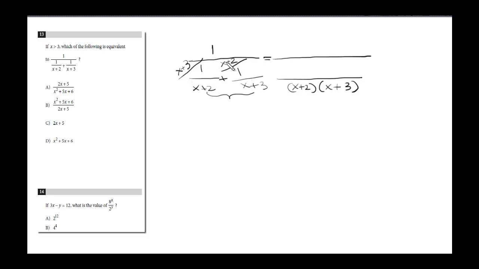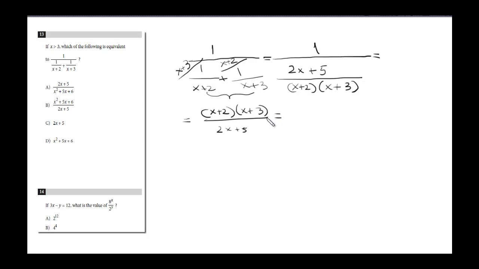x plus 3 plus x plus 2 will be 2x plus 5, and the numerator was 1. So that will be equal to 1 over this fraction. It means we have to reverse the fraction. So the answer will be (x plus 2) multiplied by (x plus 3), everything divided by 2x plus 5.